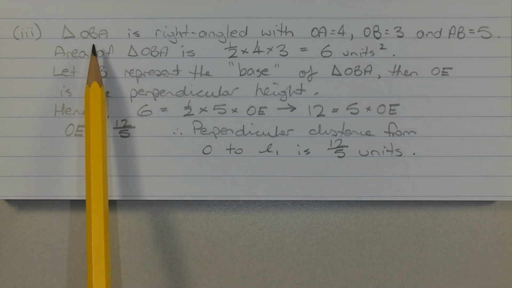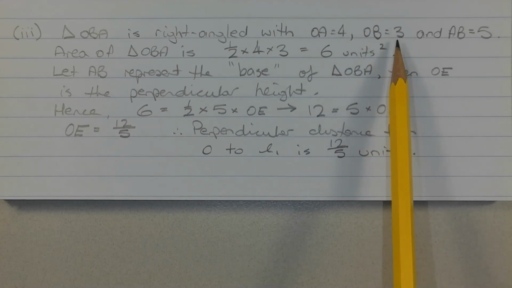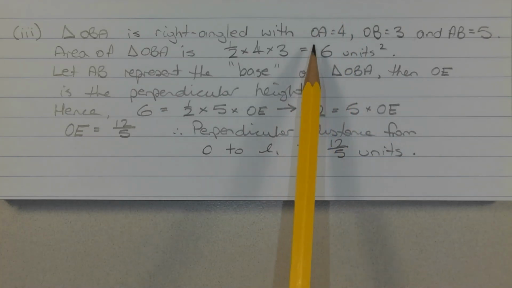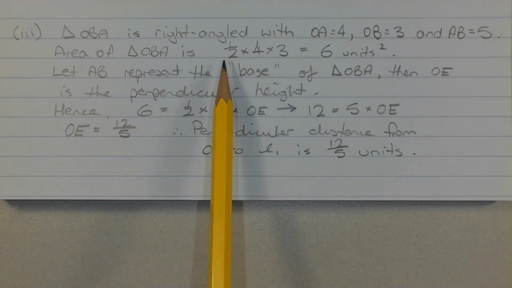So triangle OBA is right-angled with OA equals 4, OB equals 3, and AB, representing the hypotenuse of this triangle, equals 5. So using the area formula, half times base times height, to find the area of triangle OBA, we're letting OA be the base of the triangle, OB being the perpendicular height. We get half times 4 times 3, which equals 6 square units.